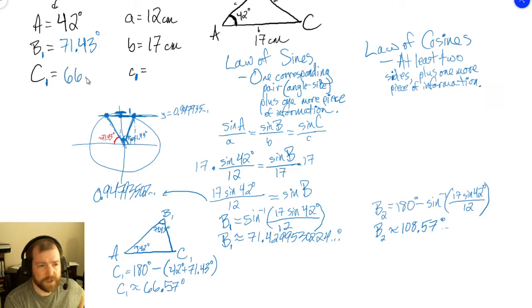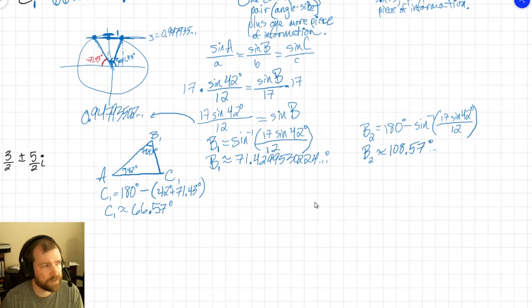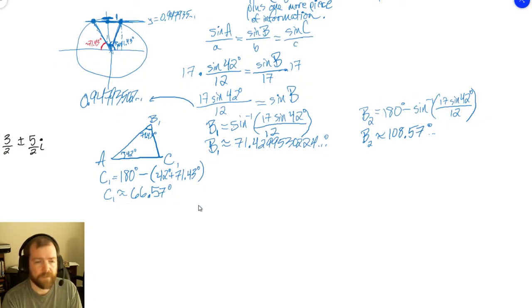C1 is 66.57 degrees. And now to get little c1, we need to plug this back into the law of sines using the sine of A over A that we already found. Don't use sine B over B, even though it's tempting. You can do it. It's perfectly legal.